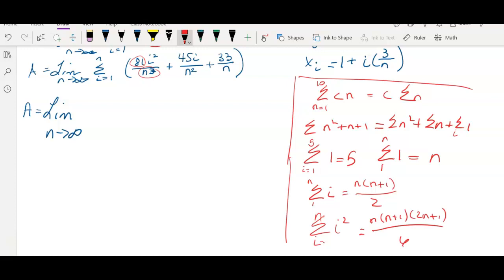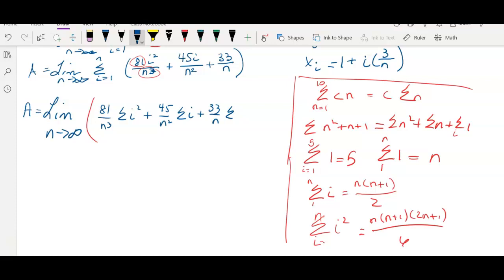So right now, I can say, okay, this is the limit of 81 over n cubed, summation of i squared, plus, what gets pulled out of the next one? Summation of i, plus, do you see everything gets pulled out, but I still have to put a summation there. So what do you think is left?